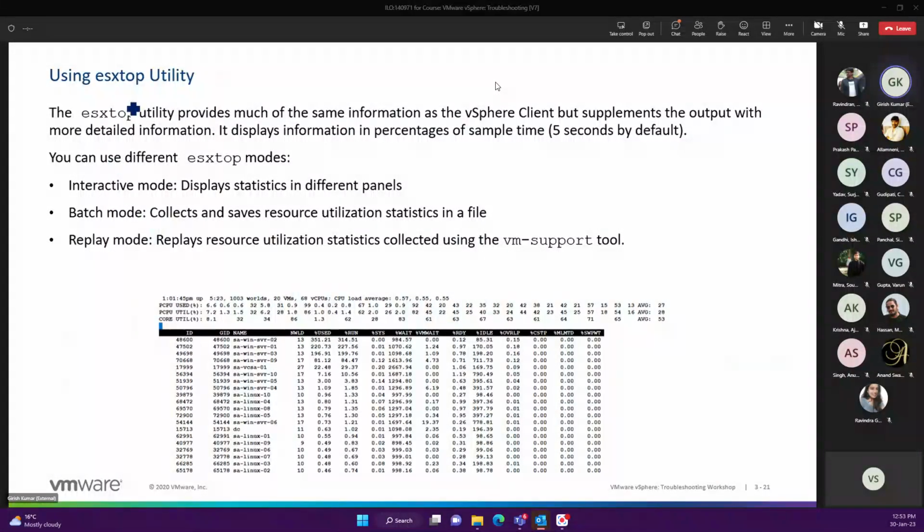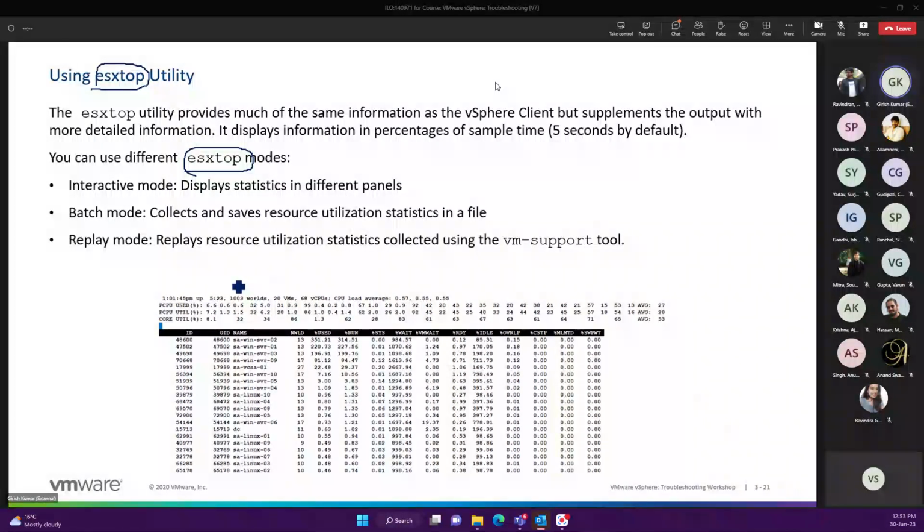And this is one of the famous commands we use: esxtop. People who have done the vSphere Optimize and Scale course know it very well. Almost in every module we use the esxtop command. We can use esxtop to retrieve real-time statistics and metrics, what's going on in terms of CPU, RAM, network bandwidth, and storage.